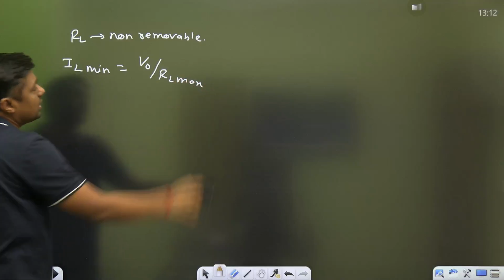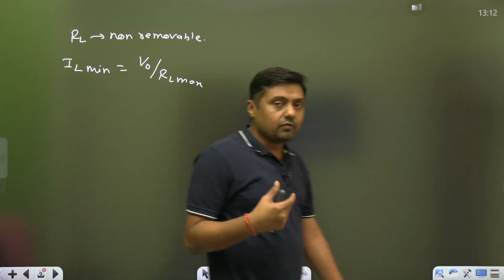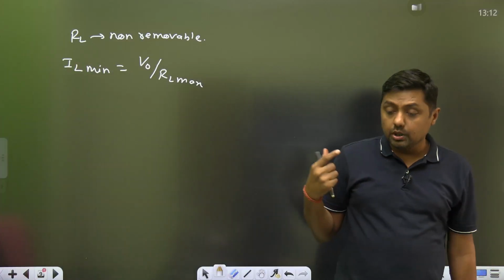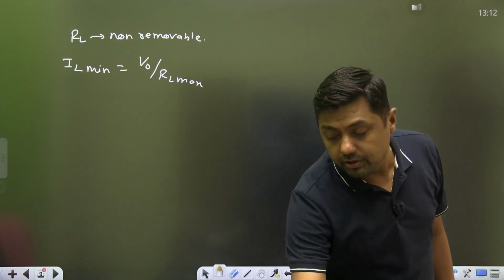For example, if RL varies from 100 ohm to 1 kilo ohm, you have to choose 1 kilo ohm here.